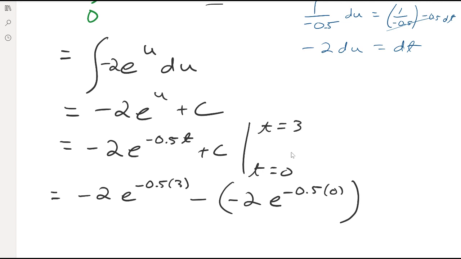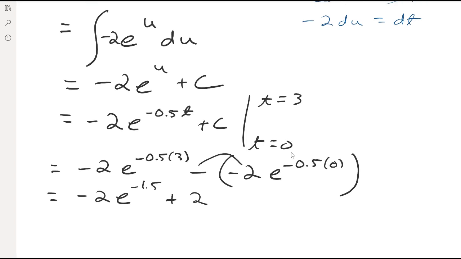Okay? Remember, the c's cancel out, so I went ahead and got rid of my c's. And so now what we have is negative 2 e to the negative 1.5 plus, if I distribute my negative, 2 times e to the 0 power, because 0 times negative 0.5 is 0. E to the 0 power is 1, so that just becomes a 1.